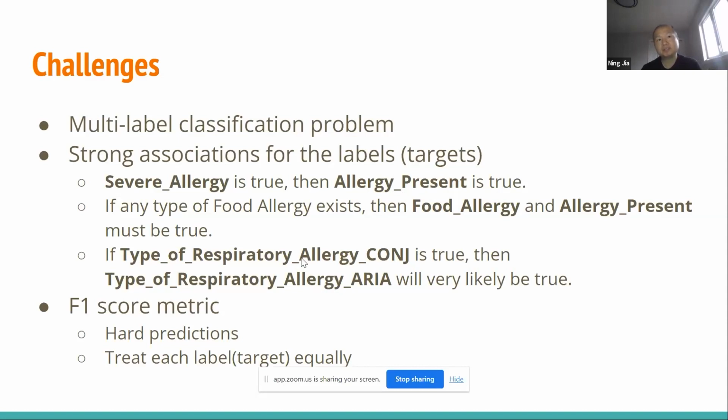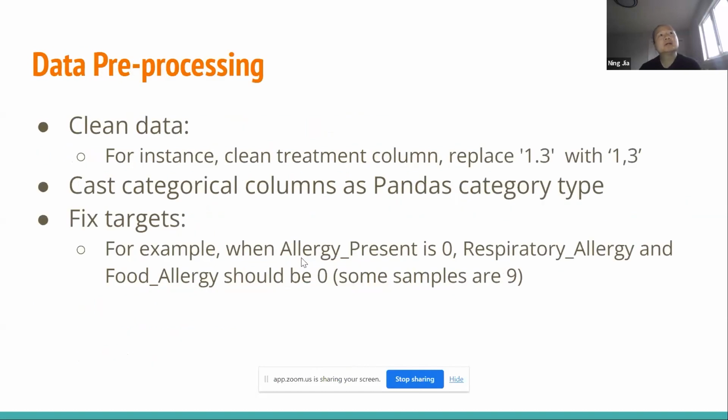Yet now you treat each target equally. So maybe a solution looks good just because it works well overall, but still not good on the rare cases. Basically, they shouldn't be treated equally. So those are the challenges I found, and what I did follows some steps: pre-processing, modeling, and finally post-processing.